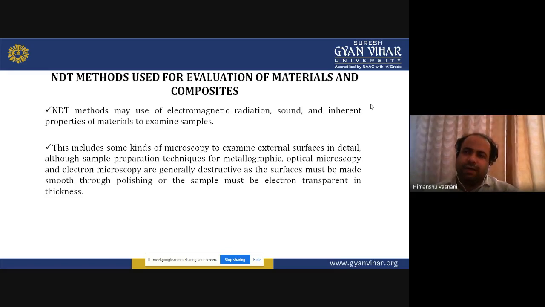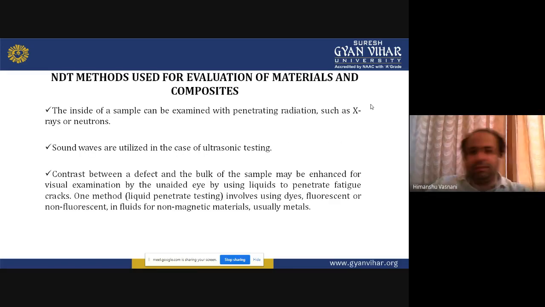Grinding removes the unwanted material, but polishing enhances the luster and the transparency of the material. Some material can be removed, but you will get a clear view of the inside of the material, and you can examine it very easily. So these methods of evaluation are being used nowadays.